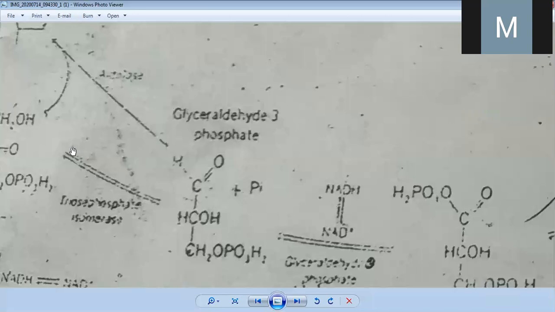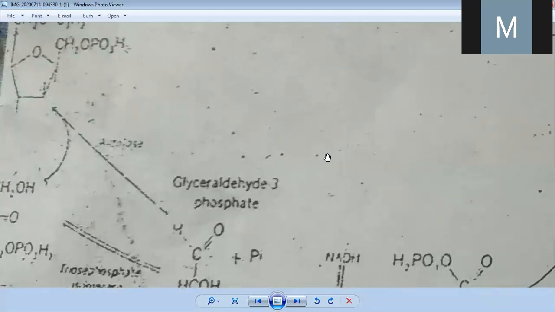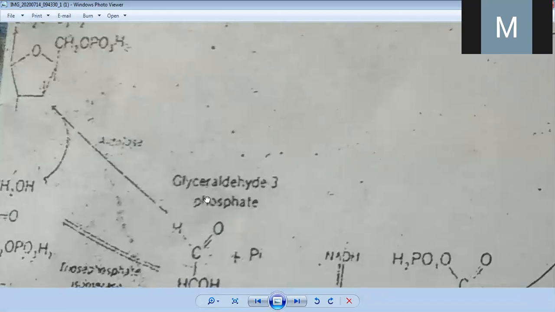This keto sugar has 6 carbon and aldo has 0 carbon. There is no aldo sugar. But when it is broken down into 2, you will find 1 aldo sugar is produced. So the number of aldoses is increasing and the number of ketoses is decreasing.